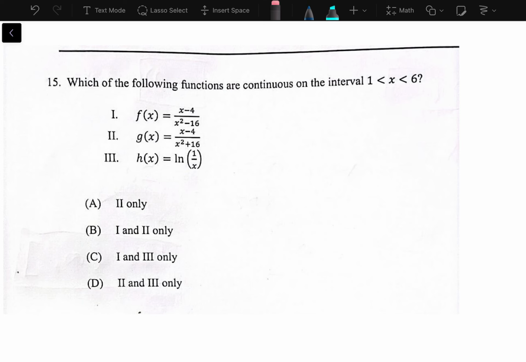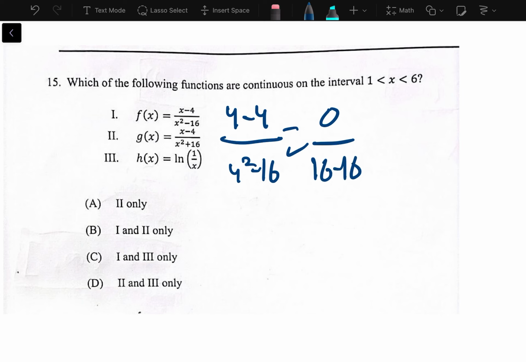So if we do that, for this first one, we would get 4 minus 4 divided by 4 squared minus 16, which is equal to 0 divided by 16 minus 16, which is equal to 0 divided by 0. That does not give you an answer. It does not exist, right?